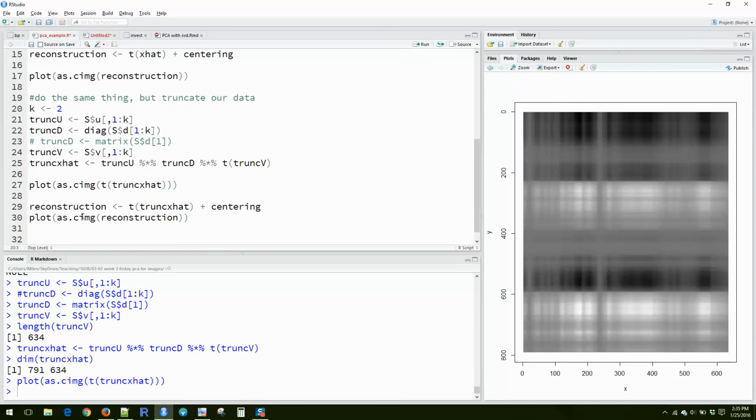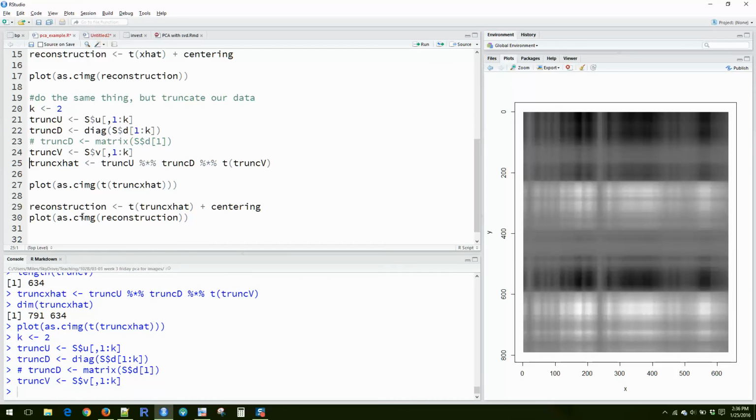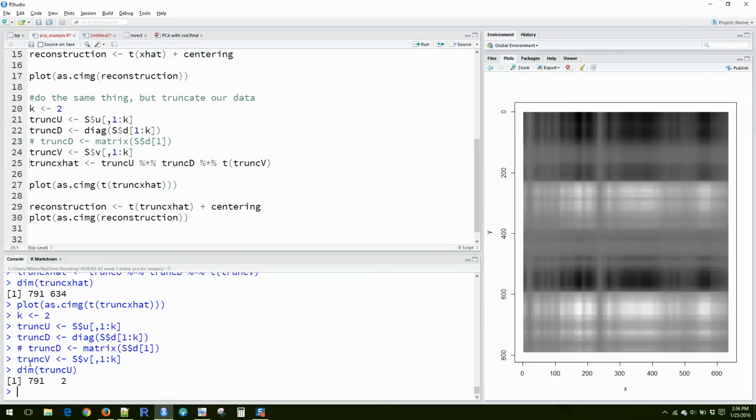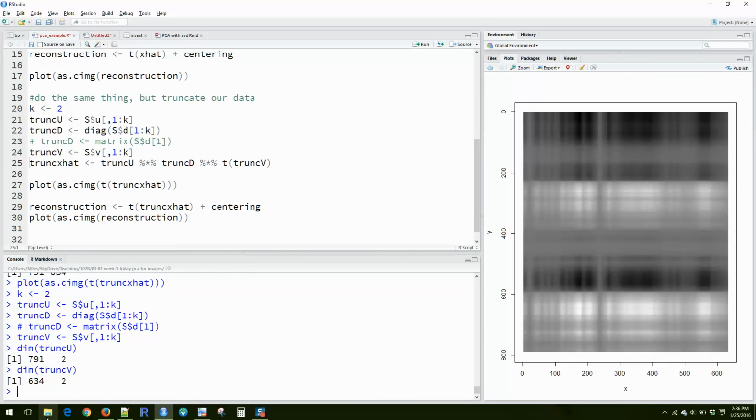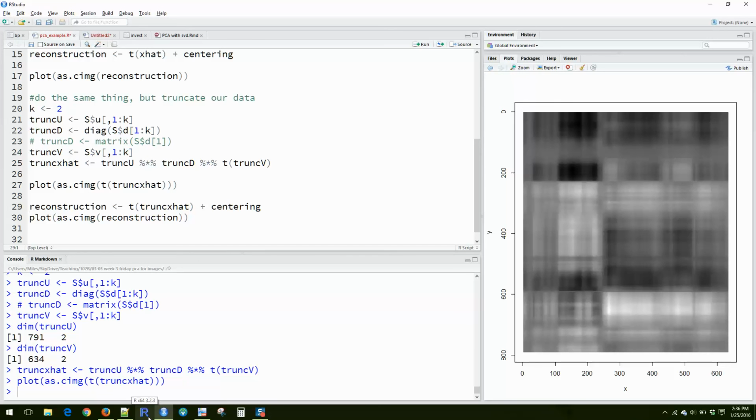Okay, so now that I'm taking the first two, okay, so now the dimensions of trunc U, okay, we have 791 rows and 2 columns, okay, so essentially I've taken my 791 by 634, and now I've just taken it down to 2 columns here, and two columns of the other one, okay, and then I can multiply these together, and we can try to plot this as an image, all right.